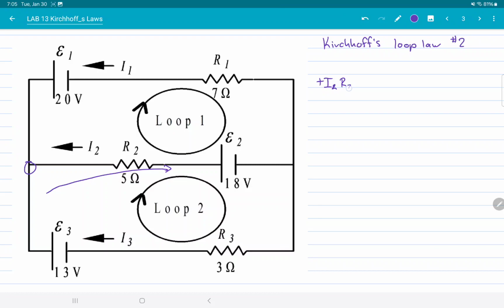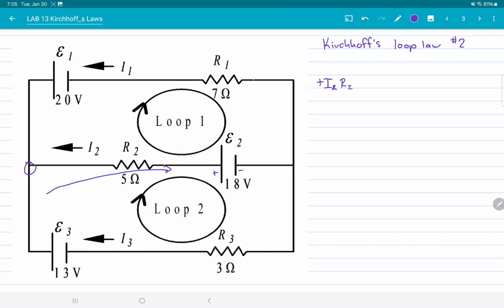I2, R2. I go across the power source, but opposite the normal direction. It would be positive if I was going to the left. It's negative if I go to the right. So negative epsilon 2. We go across the next one.